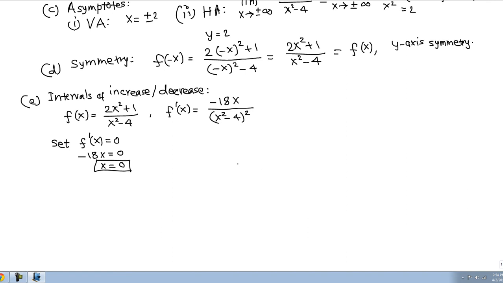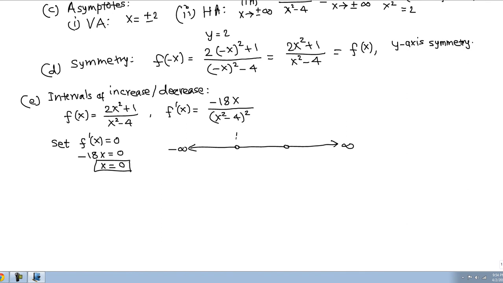Now we do the so-called interval test to find where the function is increasing or decreasing. So I want to write down the domain of the function. The domain of the function is all the reals except 2 and negative 2. So the domain is already divided into 3 pieces.